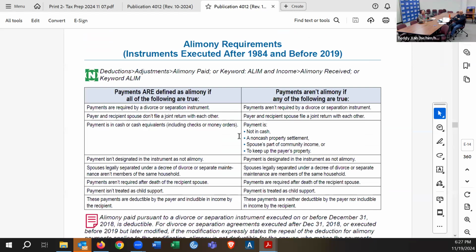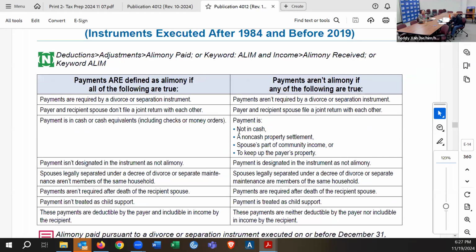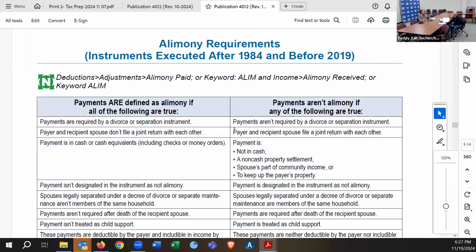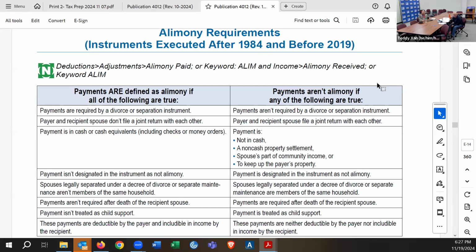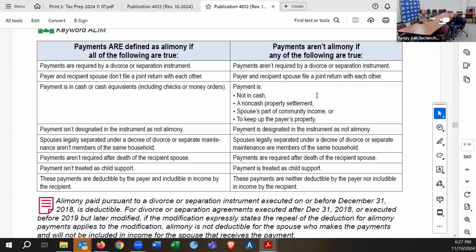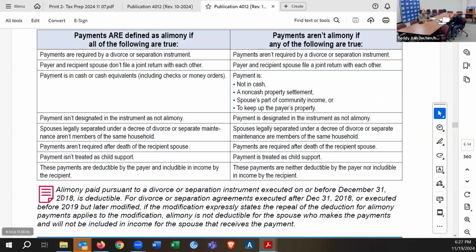Right. But alimony requirements: instruments executed after 1984 and before 2019. Look at this note. Alimony paid pursuant to a divorce or separation instrument executed on or before December 31st, 2018 is deductible.